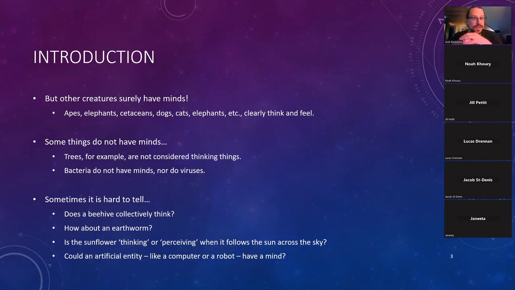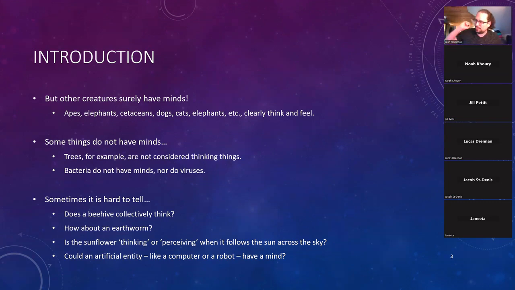Maybe. This is an idea that we call extended cognition or group cognition. What about a very simple creature like an earthworm? Or indeed, talking about bees and ants, other kinds of insects. Do they think? Maybe, but probably not to the extent that mammals do. They're probably not as cognitive or as mental as creatures like humans or great apes are.